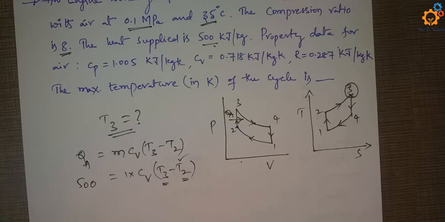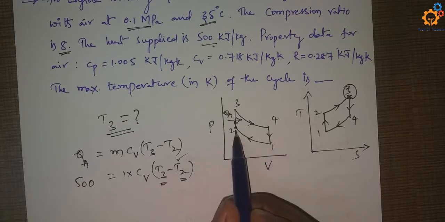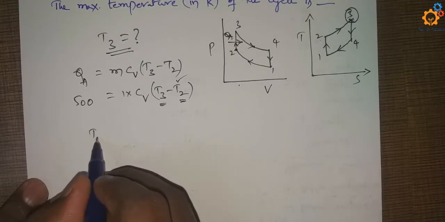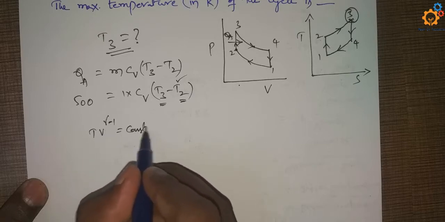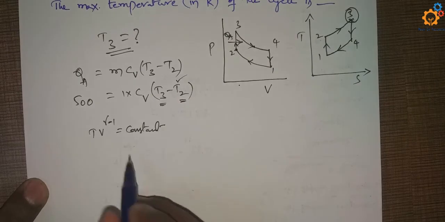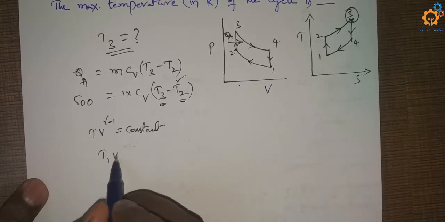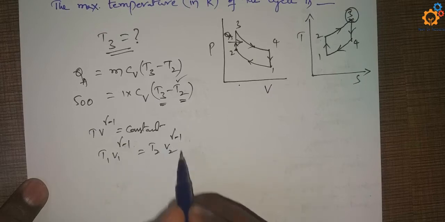Now how to get T2? See, from 1 to 2 is adiabatic process. In adiabatic process we have relation, that is T V power gamma minus 1 is equal to constant. Just apply this for 1 to 2, we get T1 V1 power gamma minus 1 is equal to T2 V2 power gamma minus 1.